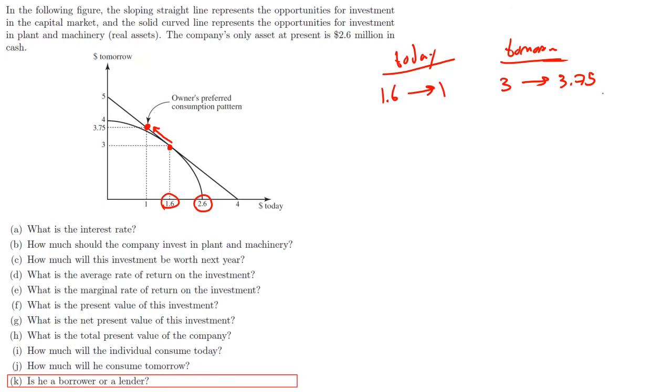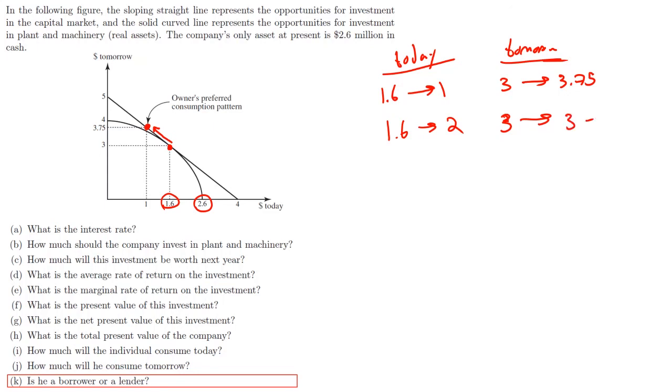Now, on the flip side, he may have gone from, I don't know if the numbers will work out, but let's say it does, he'll start at 1.6. He could have gone to 2 today, and that would have made him go from 3 to something less than 3 tomorrow, which probably won't work out mathematically, but we'll just say 3 minus.